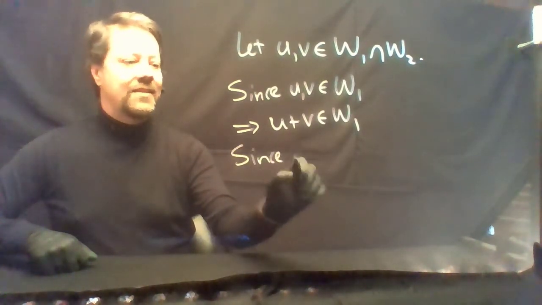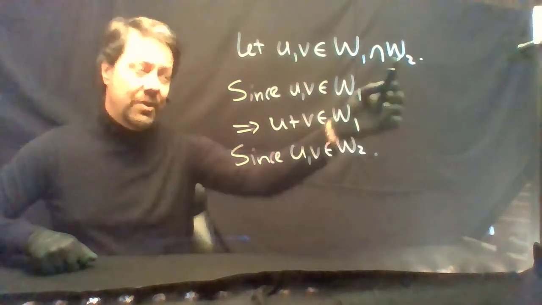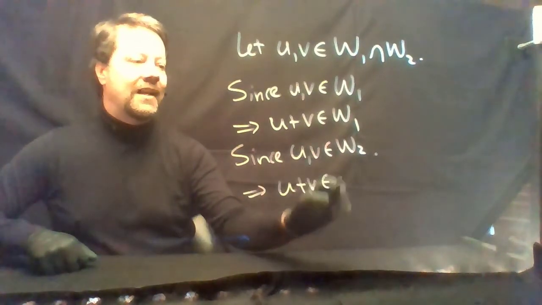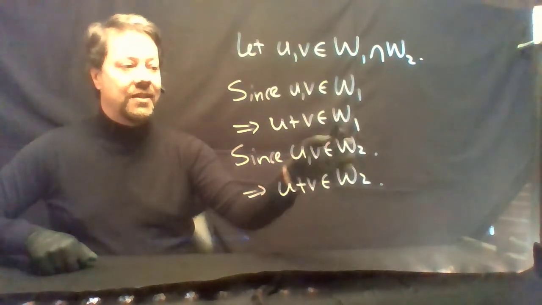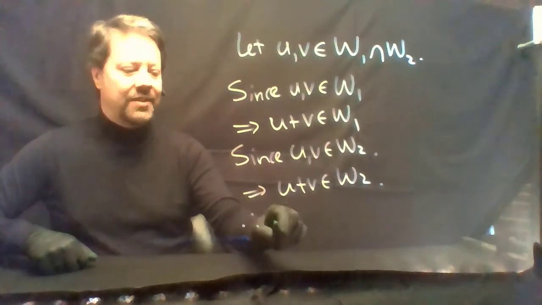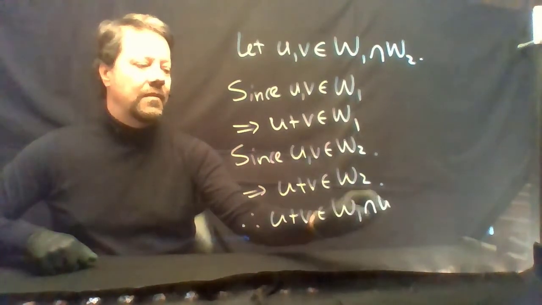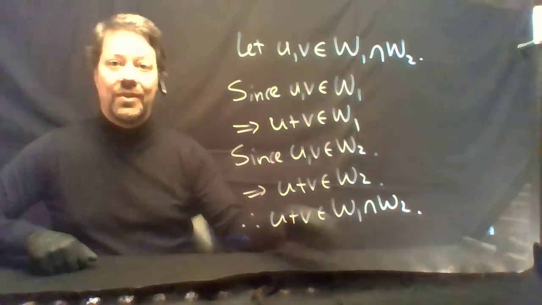But since U and V are also in W2 and W2 is closed under addition, that means U plus V is an element of W2. Vectors that are common to both W1 and W2 are in the intersection. That means that the intersection is closed under addition. I'll write down that conclusion.